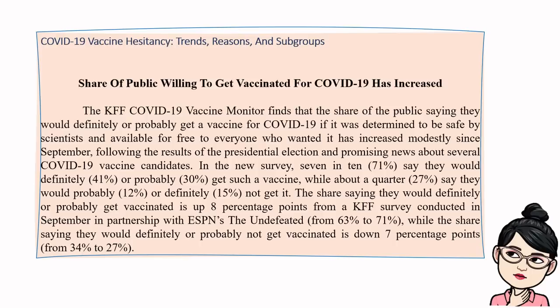The share saying they would definitely or probably get vaccinated is up 8 percentage points from a KFF survey conducted in September in partnership with ESPN's The Undefeated, from 63% to 71%, while the share saying they would definitely or probably not get vaccinated is down 7 percentage points from 34% to 27%.